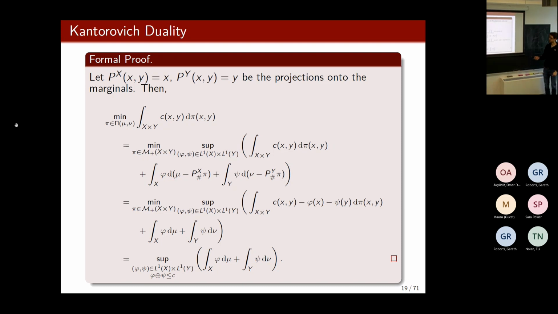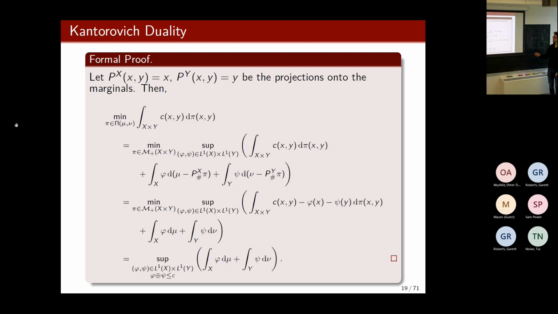So when phi plus psi is less than or equal to c, I get this. On the other hand, if at any point phi of x plus psi of y is strictly greater than c, then this integrand is going to be negative at that point, in which case I can send my pi off to plus infinity.